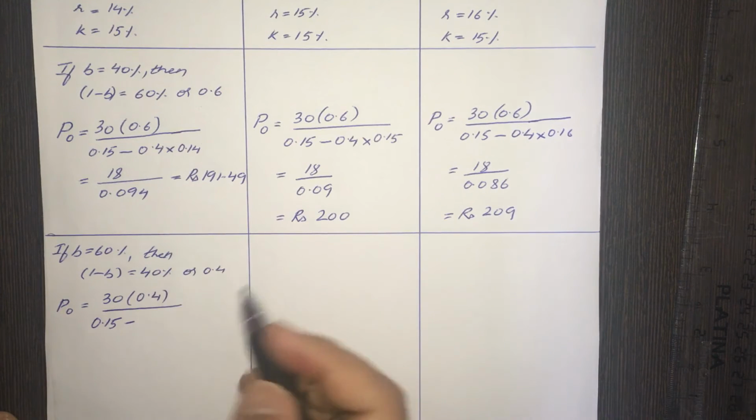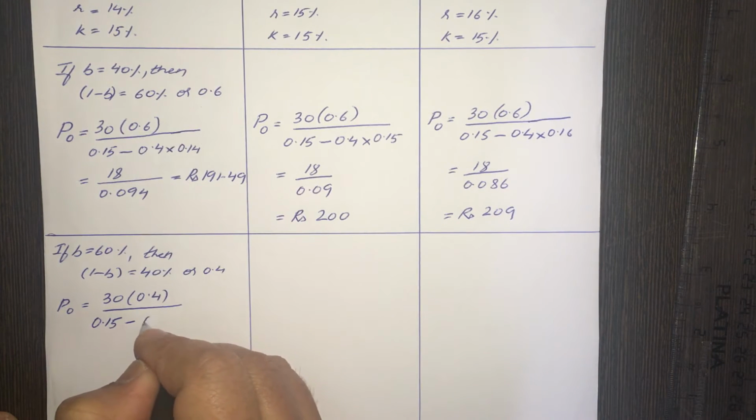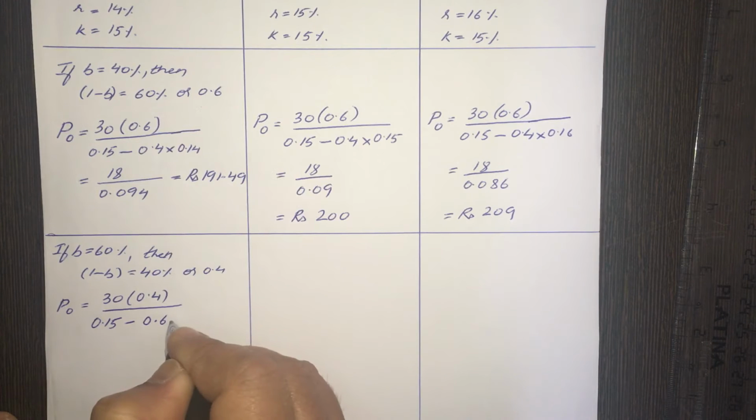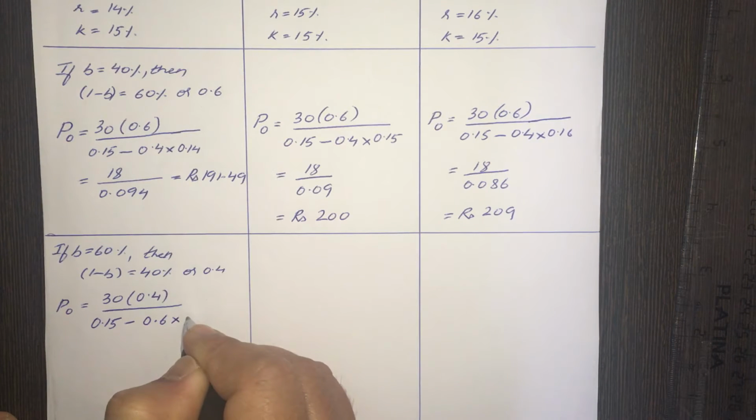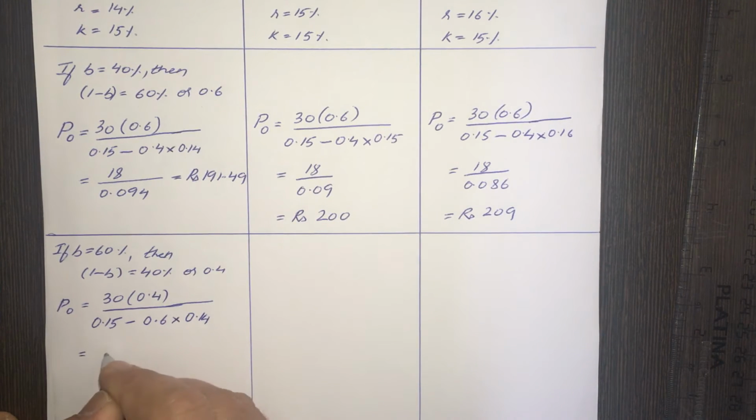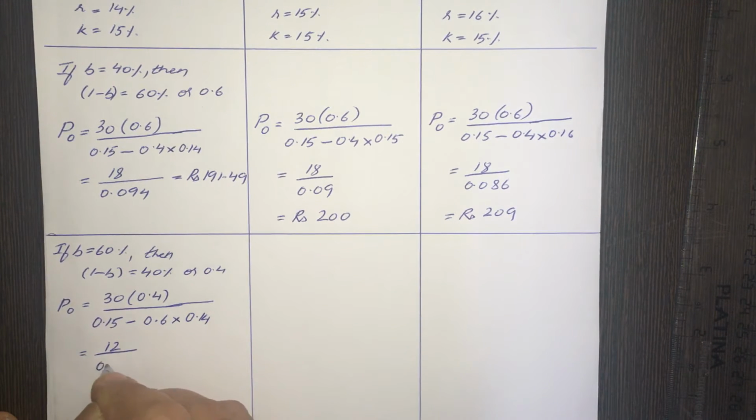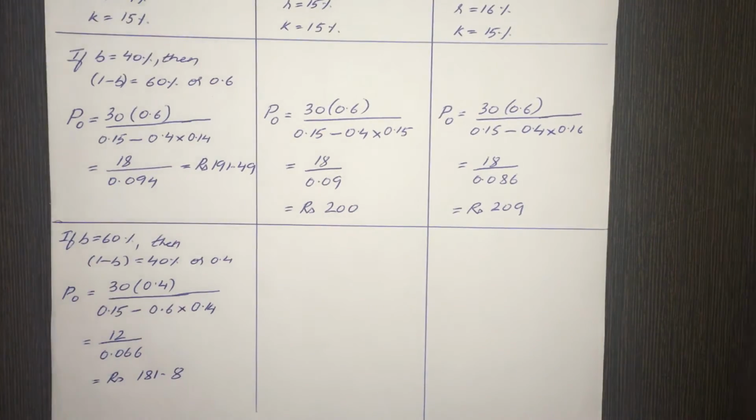K will remain the same, and now B will be 0.6 into 0.14, equals 12 divided by 0.066, which equals rupees 181.8. Okay.